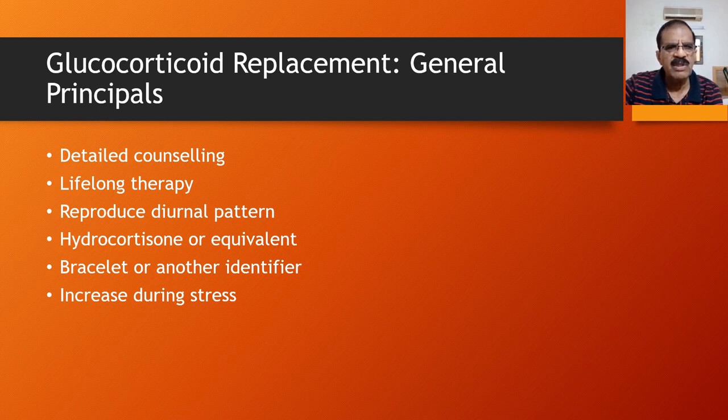So during stresses, it has to be increased. And keep injectable handy, because if the patient develops Addisonian crisis, then injectable would be needed, because orals are slow to act and Addisonian crisis is a very serious condition and we need to inject cortisone.